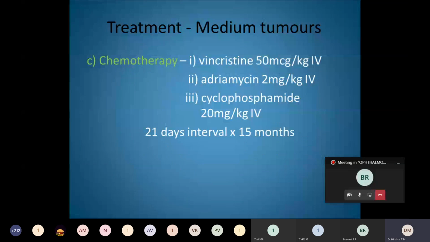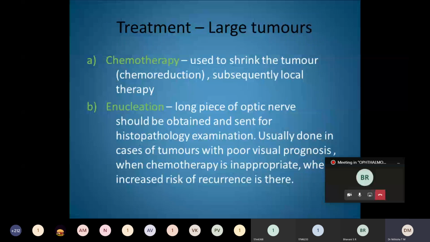So what is the treatment for medium tumors? Again, chemotherapy. What are the agents used? Vincristine 50 microgram per kg IV, adriamycin 2 mg per kg IV, cyclophosphamide 20 mg per kg IV, at 21 days interval, and it is given for 15 months. For larger tumors, what is the treatment?